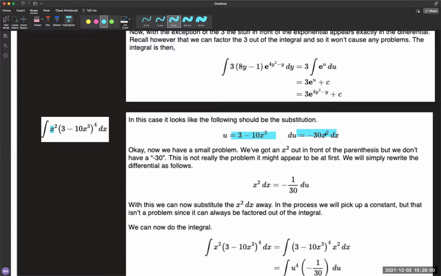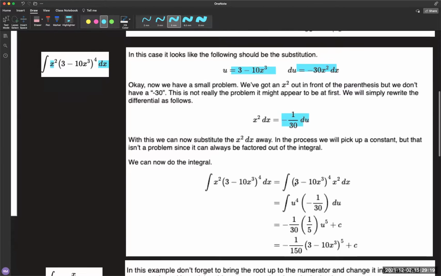So once I had du equals negative 30x squared dx, here's my u to the power of 4, and then I have x squared dx, but I have negative 30x squared dx. So the way you figure that out is you solve for x squared dx, and you get negative 1 over 30 du. And so take a look at how this substitution then emerges, right?